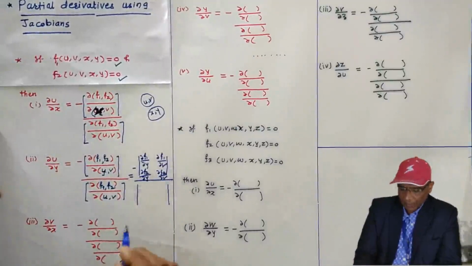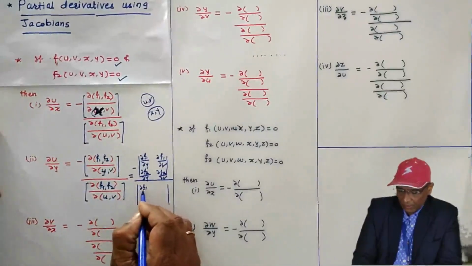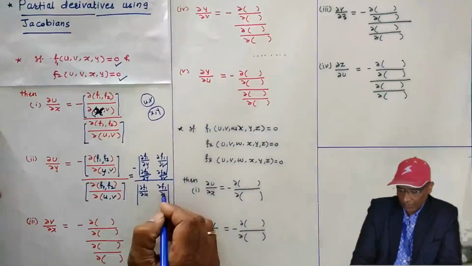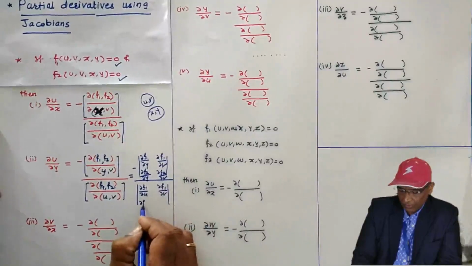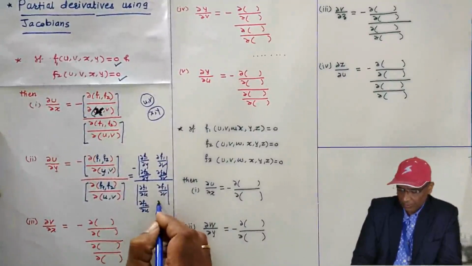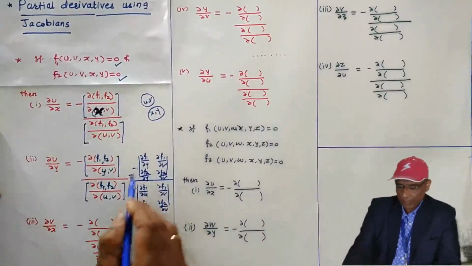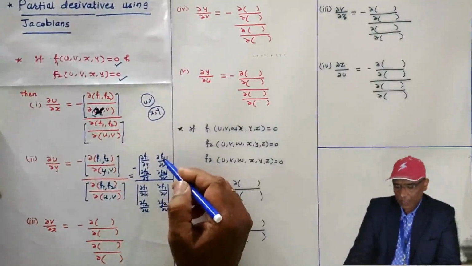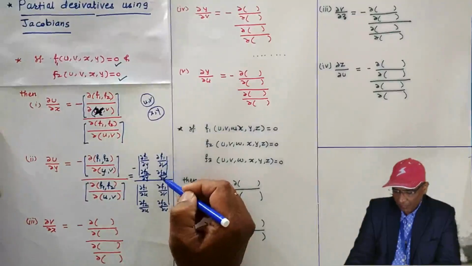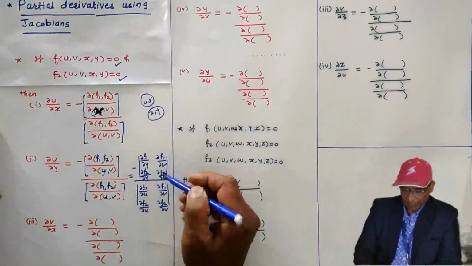Now here the denominator Jacobian: del f1 by del u, del f1 by del v, second row for f2: del f2 by del u, del f2 by del v. If you look carefully, the last column is the same in both determinants.